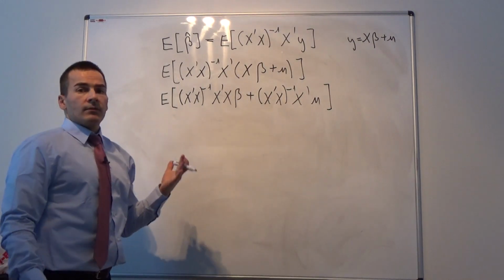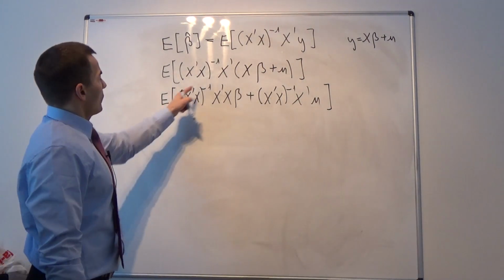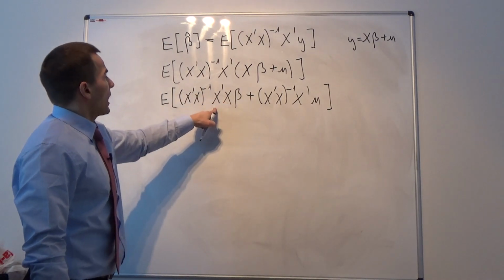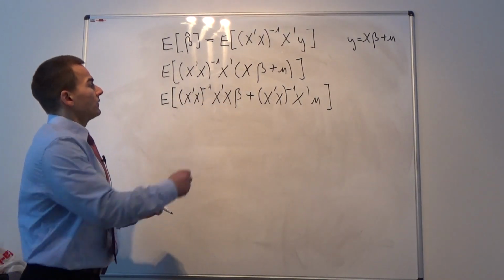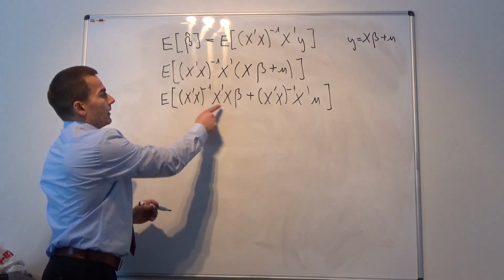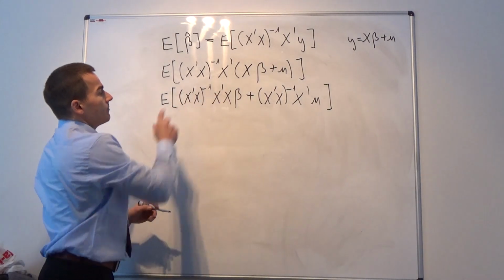We have seen this before. What we have here is a matrix product X transposed X, multiplied with the same matrix product inverted. So what is here is the identity matrix.